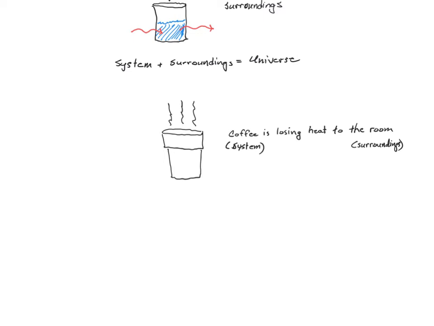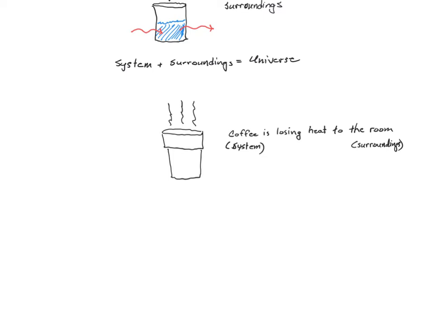Now, this is a nice qualitative approach to understanding thermochemistry. But what about the quantitative work? How do we deal with numbers here? How do we start building equations? Well, let's go back to our first law of thermodynamics. That tells us that energy cannot be created nor destroyed.